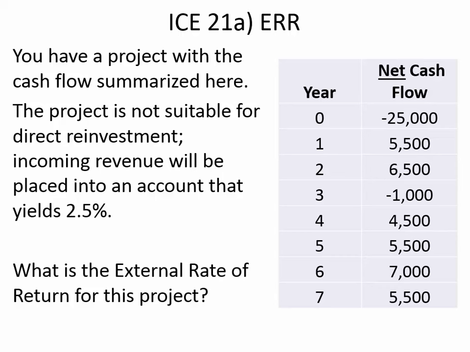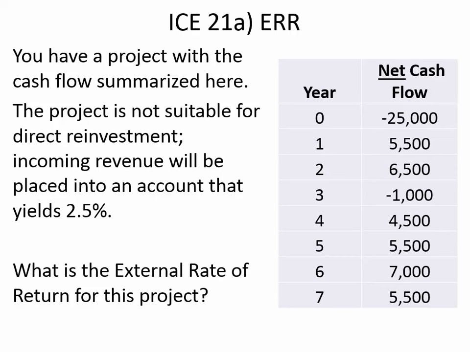All right, so here is a net cash flow diagram. And what I'm going to have you do is set up a table so that you can calculate the external rate of return for this project. And let me unlock the computers just in a moment here. But what we're looking at is a project where we can't reinvest our incoming revenue into the same project.